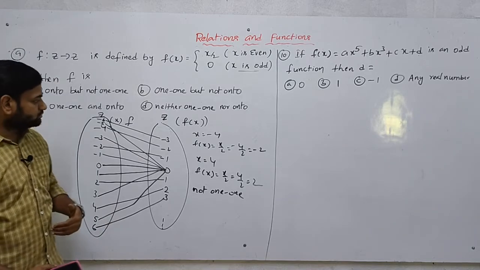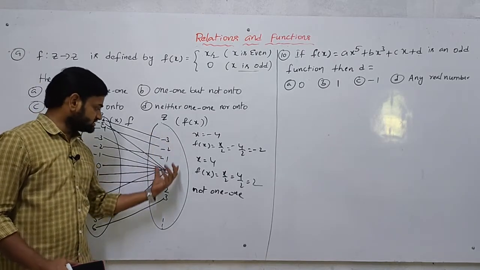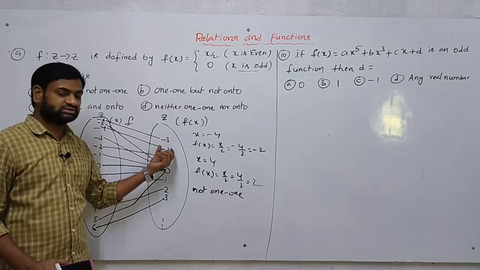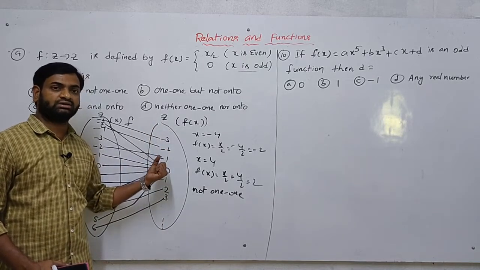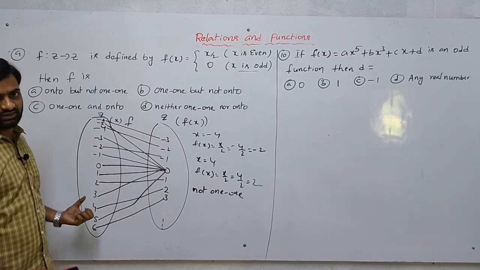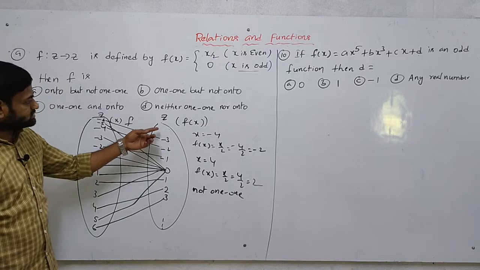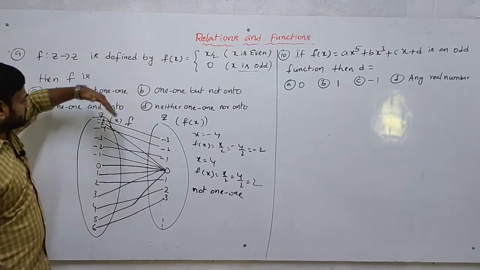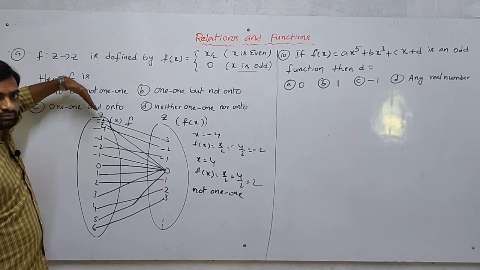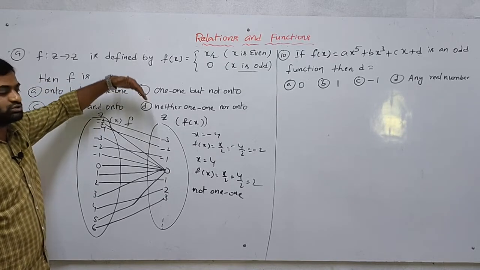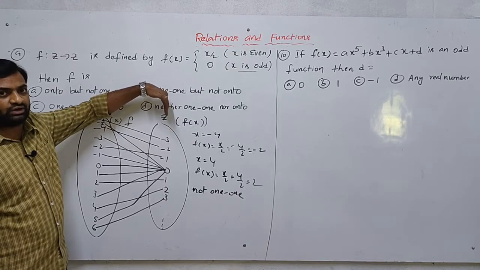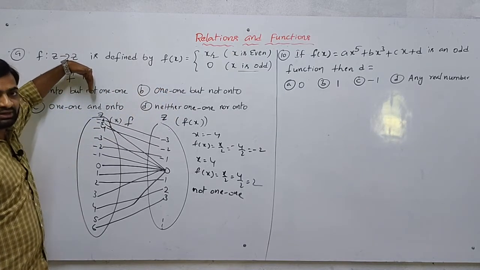Now is it onto? Check once. Yes, it is onto, because in the second set, every element is in the mapping with at least one element of set A. Suppose you take 4, it will be mapped from 8, 8 by 2, you get 4. Suppose 5 is there, how do we map it?